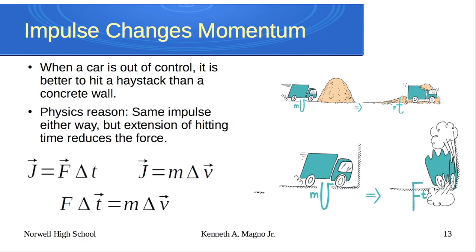The car looks better, but overall you get more damage to you internally, organs, brain, whatever it is, as opposed to if you let the car crunch up and do its thing. You might lose the car, but you survive the crash. So in this case, the impulse equals the force times change in time, okay? And the impulse also equals mass times change in velocity, which tells us that the force times change in time is equal to the mass times change in velocity.